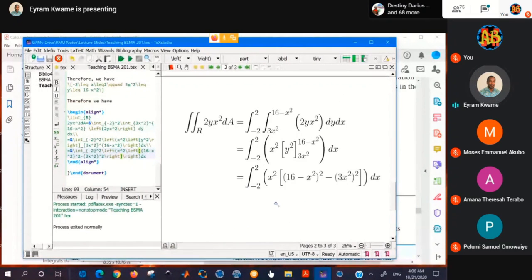Good. So I have this situation. The y squared, so 16 minus x squared, all squared, and then 3x squared, all squared. I'll have to simplify this before I do the next integration. You can actually do this by hand, but I'm going to use Maple to simplify it for an easier way around it.